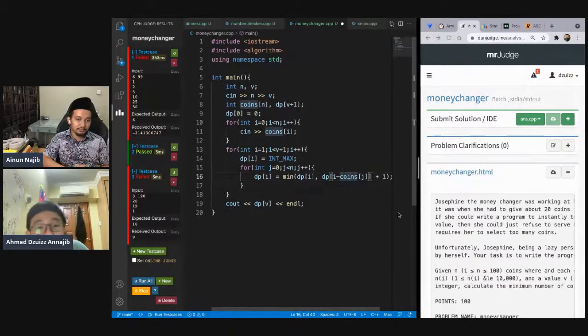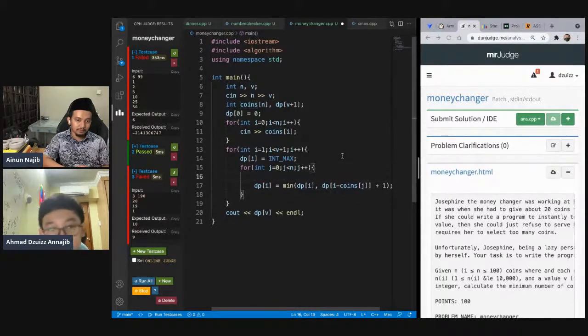It becomes negative, and it's 0 when i is 0. It has to be 0.